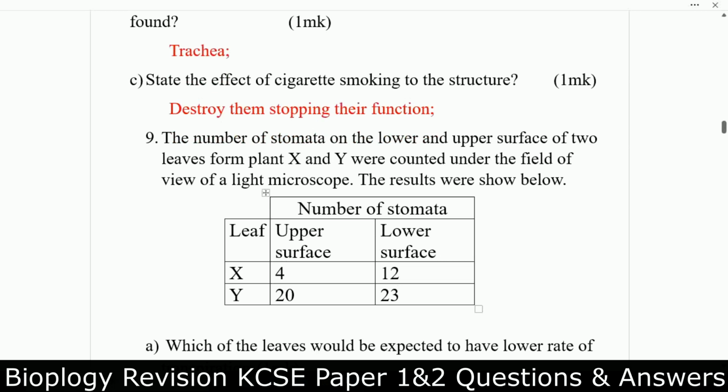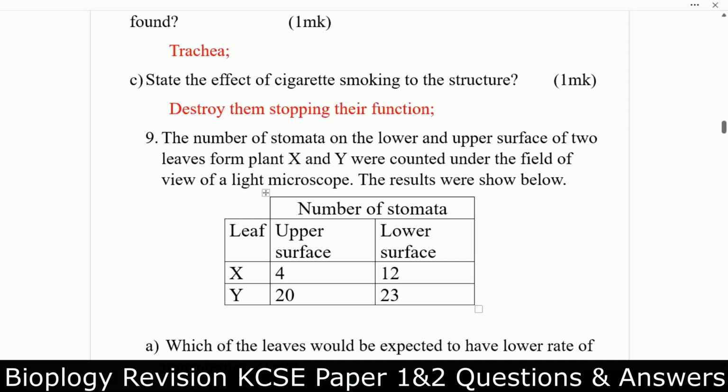Number 9, the number of stomata on the lower and upper surface of 2 leaves from plant X and Y were counted under the field of view of a light microscope. The results were shown below. So we have leaf X and Y. On the upper surface of leaf X we have 4 stomata.